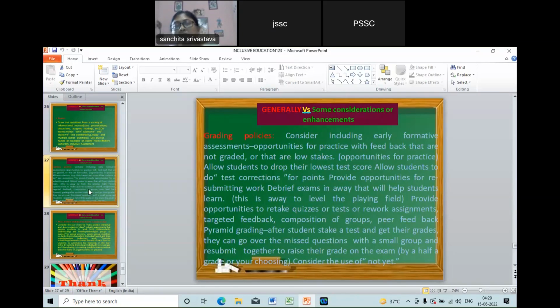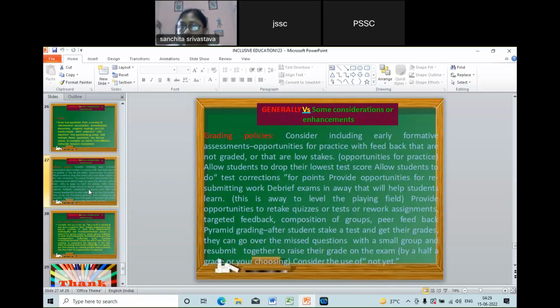Then provide opportunities to retake quizzes or tests or rework assignments, targeted feedback, composition of group, peer feedback, pyramid grading. After students take a test and get their grades, they can go over the missed questions.